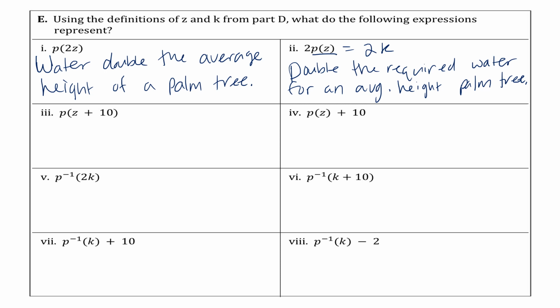All right, here we go. So now it says P of Z plus 10. So the ending result is going to be water, right? So now we're looking at the water for a palm tree. And what did it do? It grew an additional 10 feet.